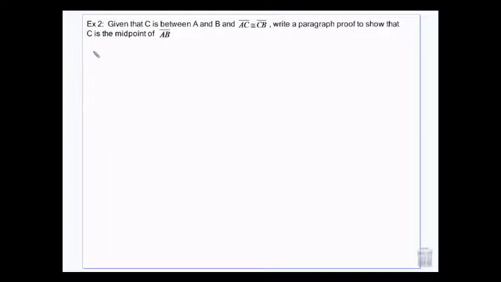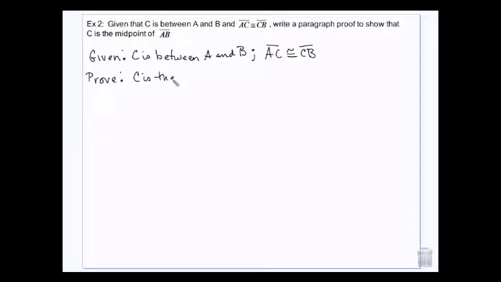So what I've been given is that C is between A and B, and AC is congruent to CB. Those are both given. I want to prove that C is the midpoint.